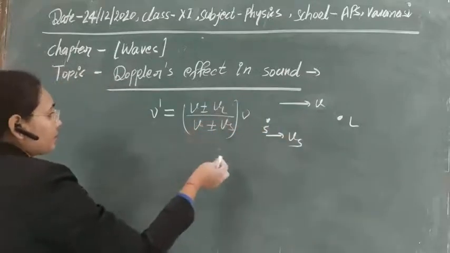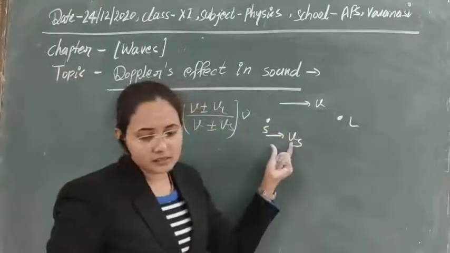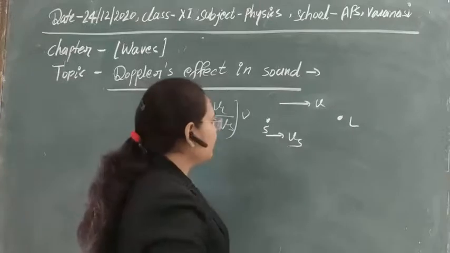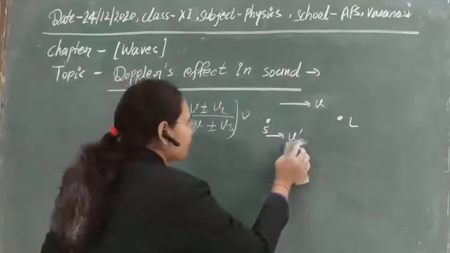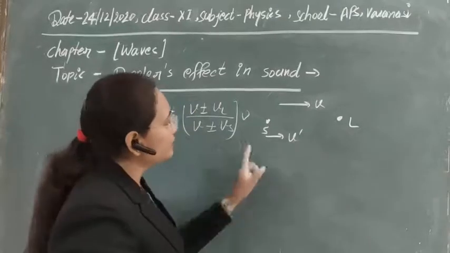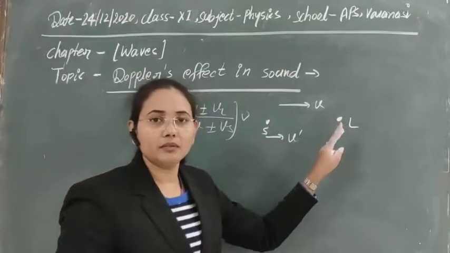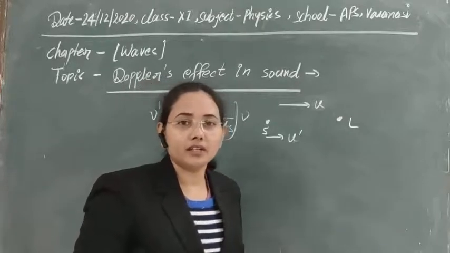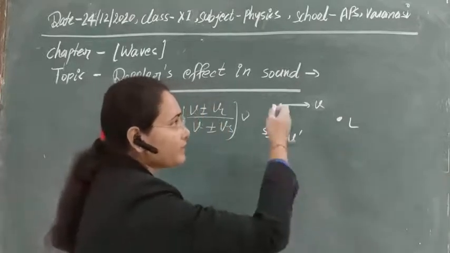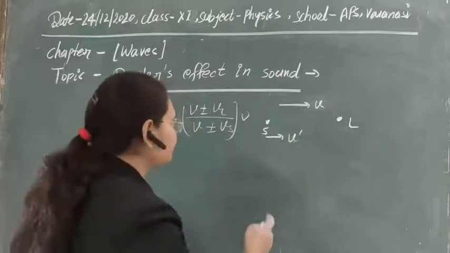Suppose the source is moving with some velocity V' and approaching the listener, then definitely there will be an increase in frequency. We are taking only this case to help you understand one property of the Doppler effect in sound.